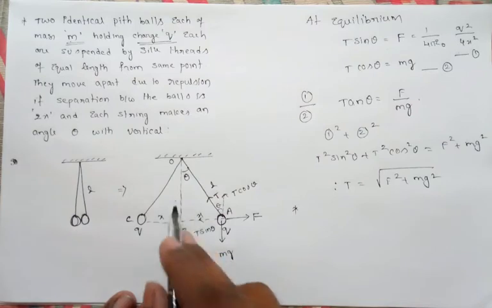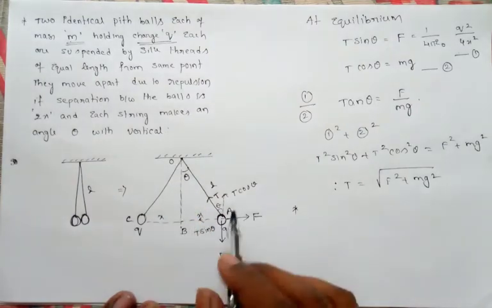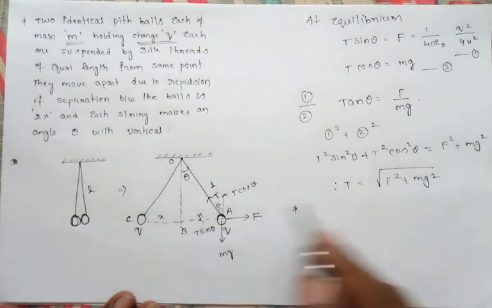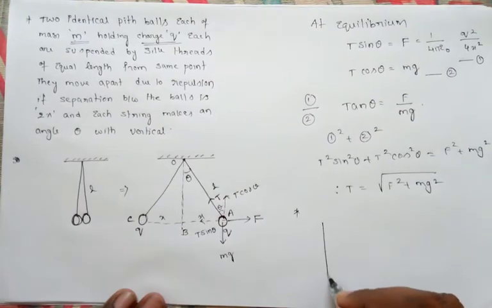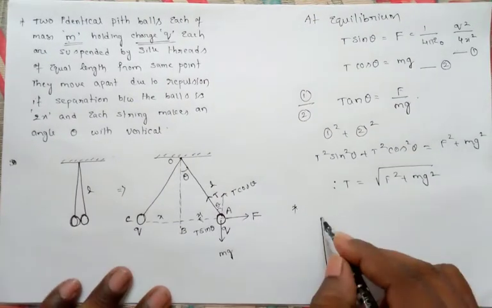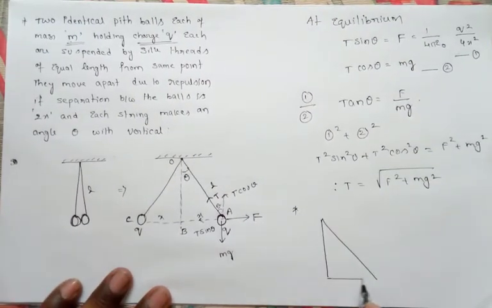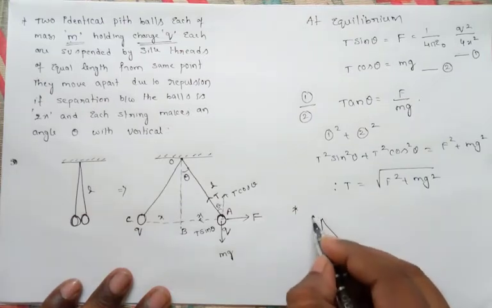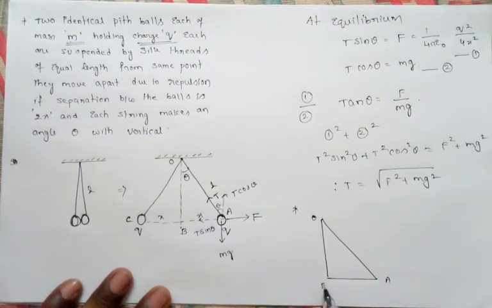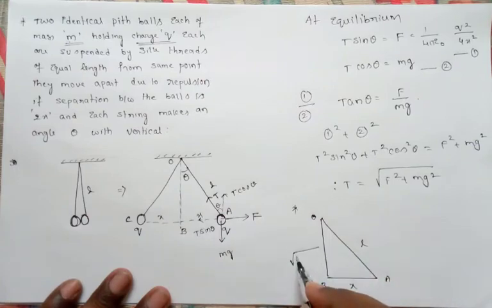Another point here: from triangle OAB, the length-wise, this is separation x and this is length L, then this will be root over L square minus x square.